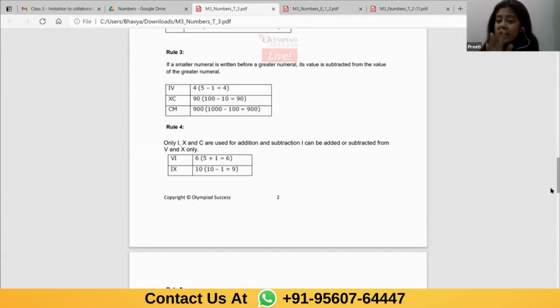But you can add or subtract I only from V and X, not even from C. You can add or subtract I from V and X only, no other number. Don't think that you can subtract I from L or from C or from D or from M. No, not allowed.